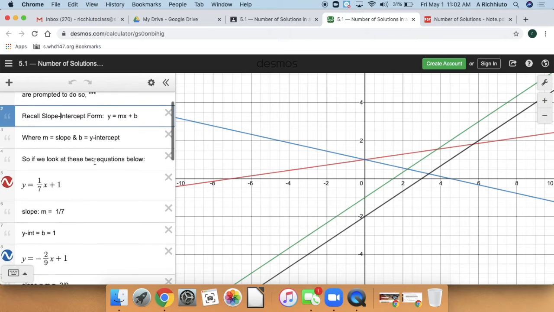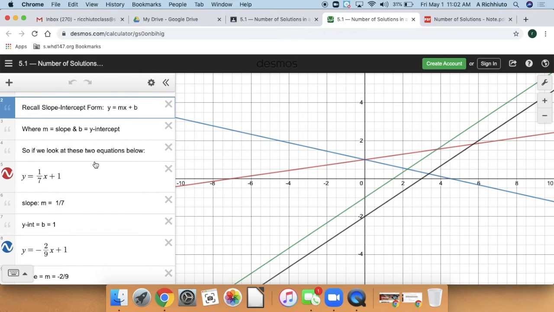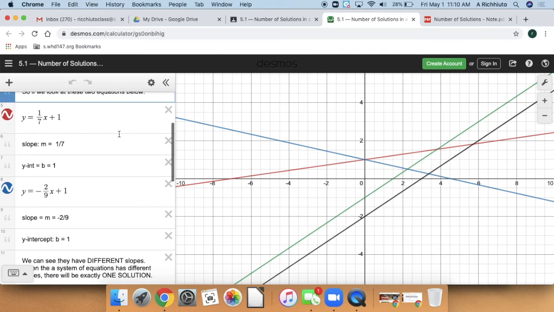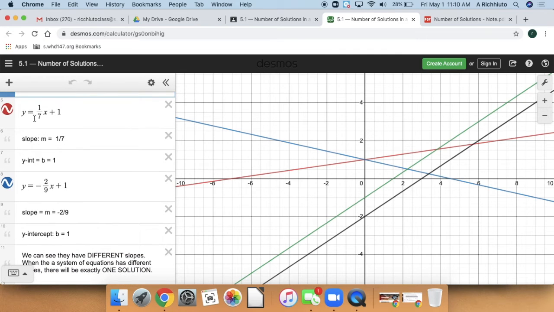All right. So the first thing it says, recall slope-intercept form, y equals mx plus b, where m is the slope and b is the y-intercept. Okay, so if we look at the two equations below, we have y equals 1/7 x plus 1.